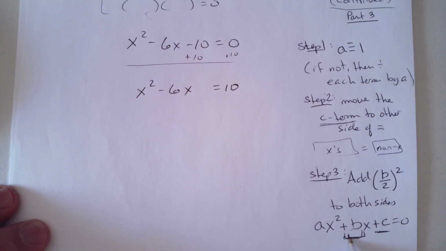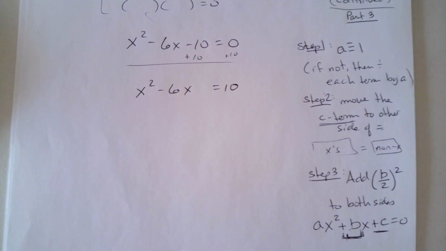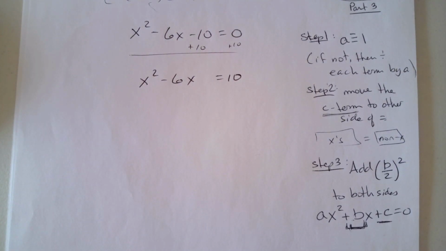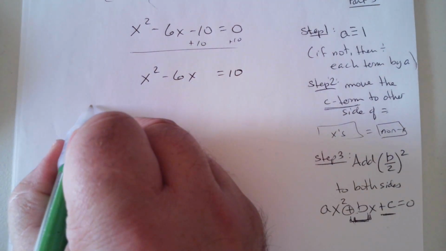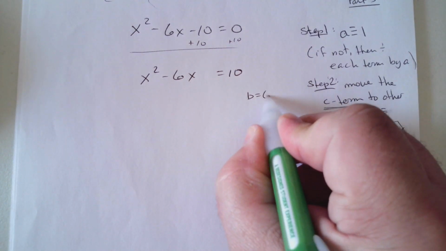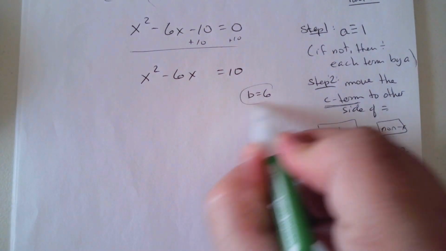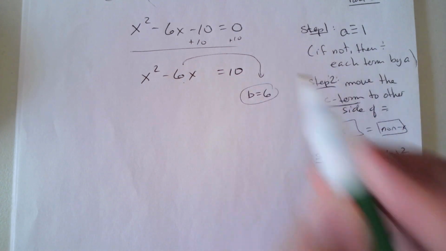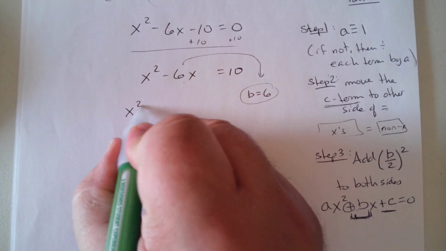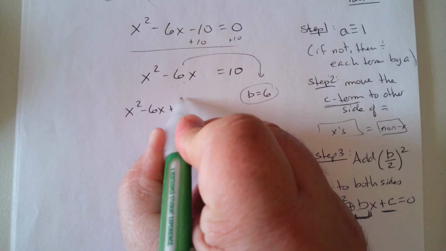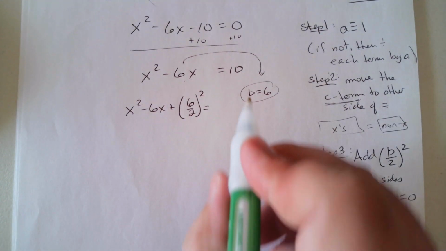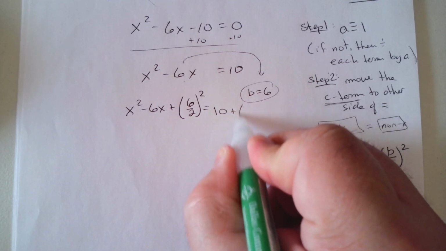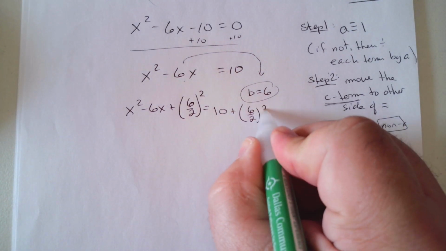It doesn't matter what the sign is, it's that number, because we're going to get rid of the sign in a minute. The first sign is going to be used later on, but not now. So, in our case, we have b equals 6. So we have x squared minus 6x plus 6 over 2 squared. We have to do it to both sides. We have 10 plus 6 over 2 squared.